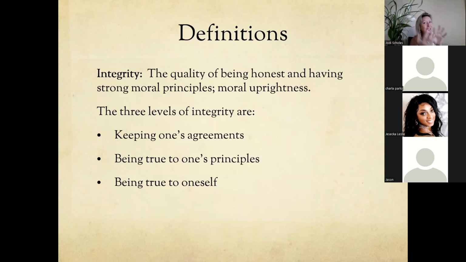Integrity. It's the quality of being honest and having strong moral principles. Now, see how these things flip? When we get to dissecting the questions, it's going to be like, oh my goodness. But we're covering the definitions and you can get to the best answer. So 3 levels of integrity are keeping an agreement, being true to your principles, being true to yourself. But integrity is the quality of being honest, the quality of having moral principles, moral uprightness.